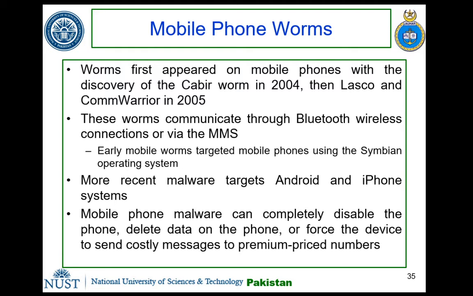Early mobile worms targeted mobile phones using the Symbian operating system. More recent malware targets Android and iPhone systems. Mobile phone malware can completely disable the phone, delete data on the phone, or force the device to send costly messages to premium priced numbers.